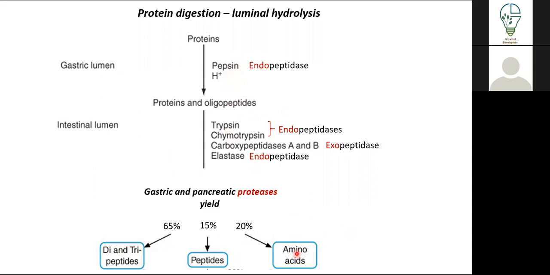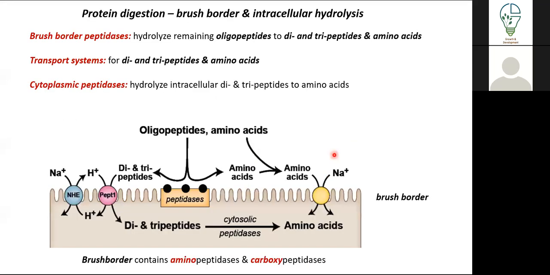To get pure amino acids, you need carboxypeptidases A and B, which cut the peptide at the C terminal, the carboxyl group. In our bodies, we do not have an aminopeptidase. We only have carboxypeptidases, and elastases are also endopeptidases. So mainly we will get di- and tripeptides, some amino acids, and very little longer peptides. That's what happens in the lumen by trypsin, chymotrypsin, and carboxypeptidase. Is this clear until now?